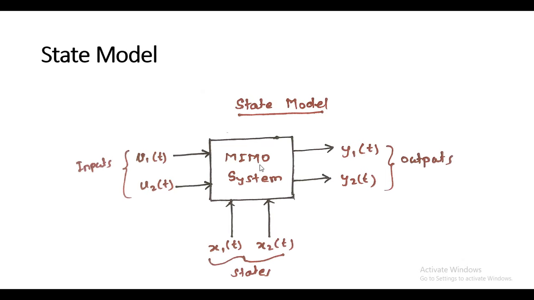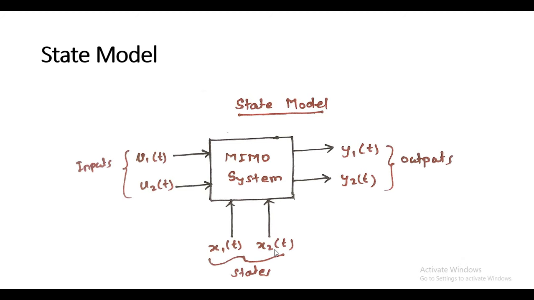MIMO stands for multiple input multiple output systems, because it has multiple inputs like U1(t), U2(t), and multiple outputs like Y1(t), Y2(t), and the states are X1(t) and X2(t). For your understanding, I have taken just a simple system which has two inputs, U1(t) and U2(t), two outputs, Y1(t) and Y2(t), and two state variables, X1(t) and X2(t).